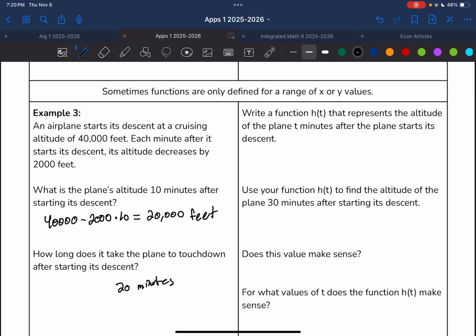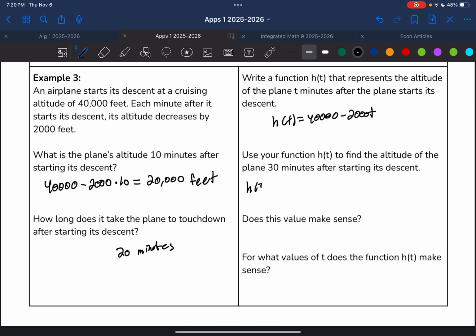We want to write a function that represents the altitude of the plane t minutes after the plane starts its descent. I would say h of t is the 40,000 that we're starting with, minus 2,000 times the number of minutes that pass. And if we try to find the altitude after 30 minutes, that's h of 30, meaning 40,000 minus 2,000 times 30.